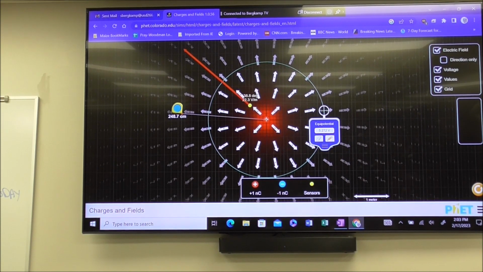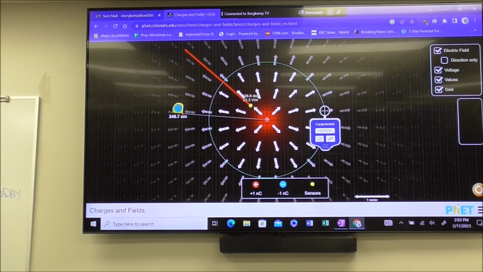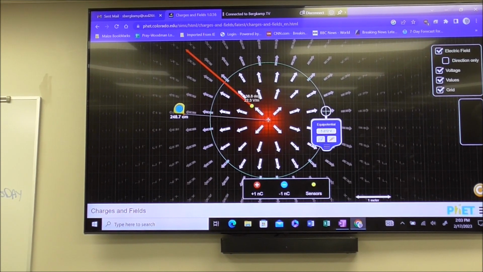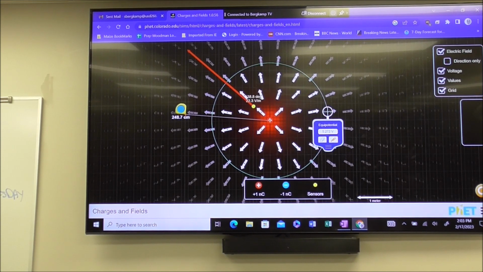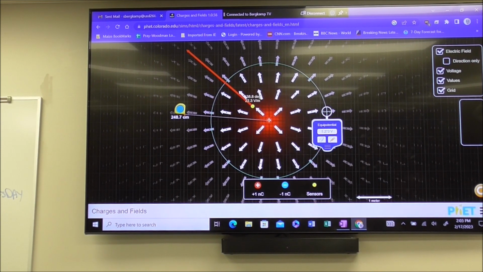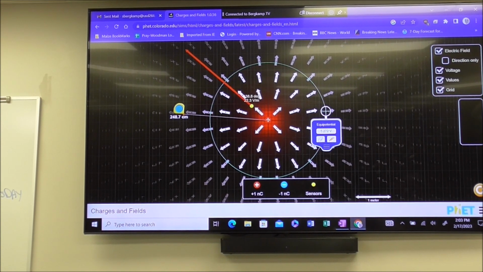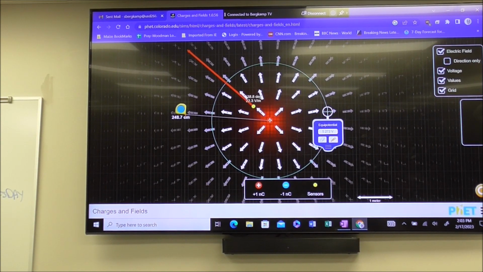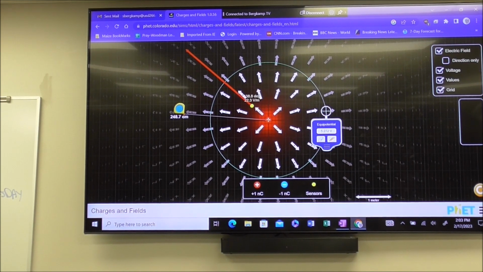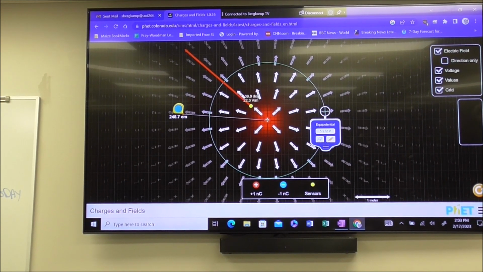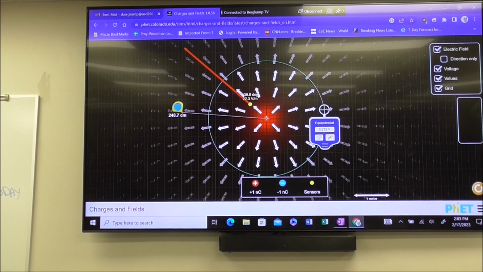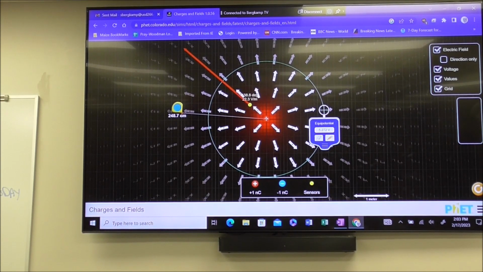The voltage is a negative value, but it still increases, right?